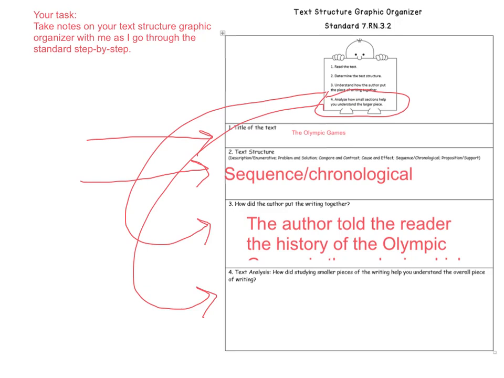This is what I'm going to type. I was able to understand the entire piece of writing by studying the key words. Since the author used the words first, at that time, later, then, and during, I was able to follow the order in which the events took place. Please go ahead and write this down in your graphic organizer.